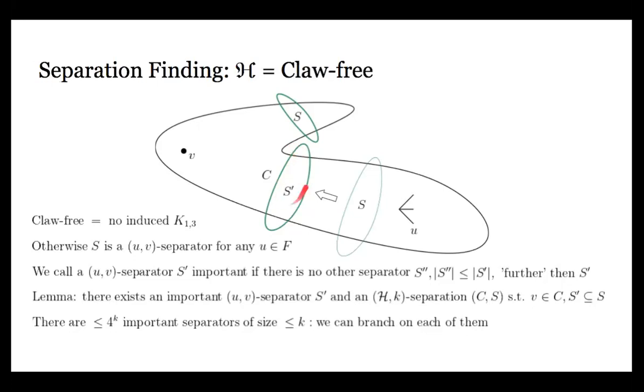If we guessed the correct important separator, then we can forget all this part of the graph that is separated from V by S prime and focus on this subgraph, and again decrease our parameter by the size of S prime. So in both of these two cases, whether S intersects the claw or not, we can find some branching rule and simplify the problem and continue this recursive process until we reach a subgraph that is claw-free.